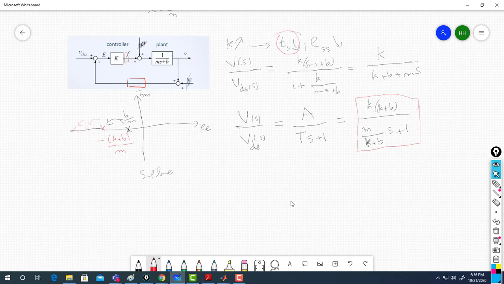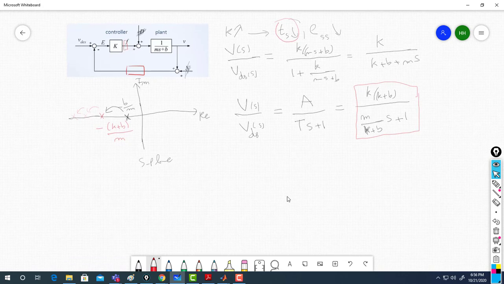So the steady state error becomes very small, nice. It becomes almost equal to the desired, approximately. Yes, right, 100%. Very nice. You can do the calculation if you want, but I agree with you.